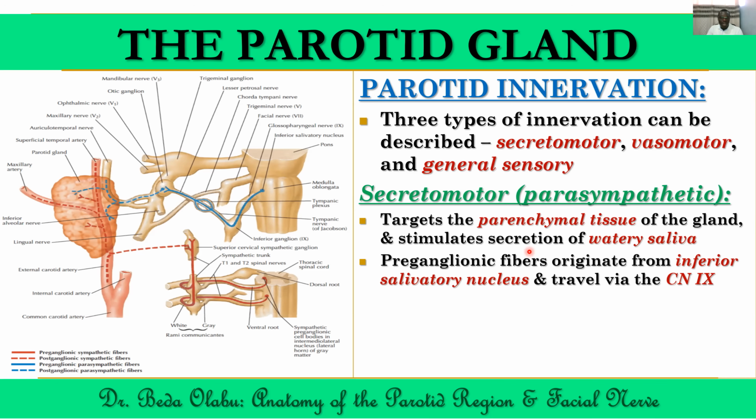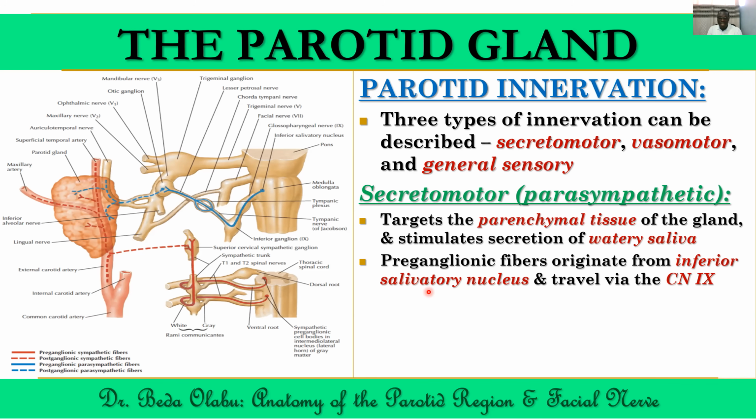Now, remember, a nucleus is a collection of cell bodies of neurons within the central nervous system, especially within the white matter of the CNS. The preganglionic neurons have their cell bodies inside the brainstem in the inferior salivatory nucleus.